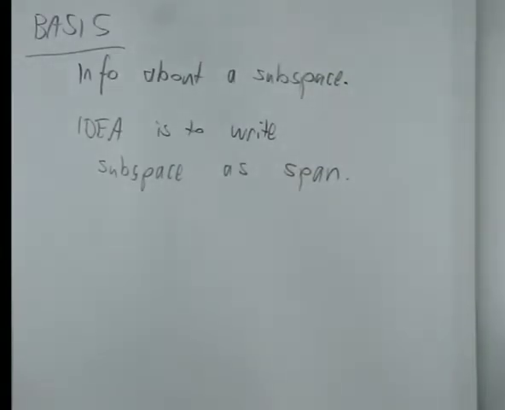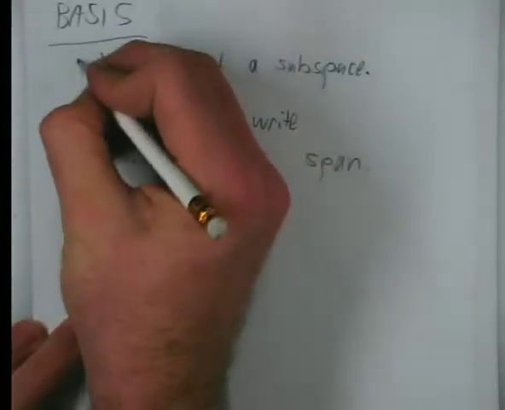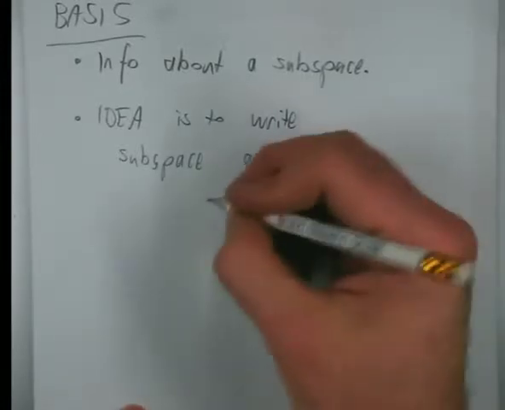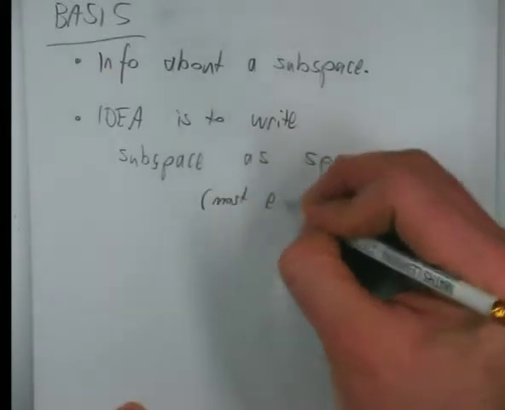The whole idea is to write your base subspace as a span. It might currently be a span already, or it might currently be written as equations. Your aim is to convert it into a span in such a way that you use the minimal amount of vectors to span it. So, in brackets, most efficiently.